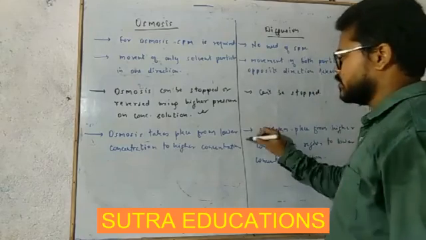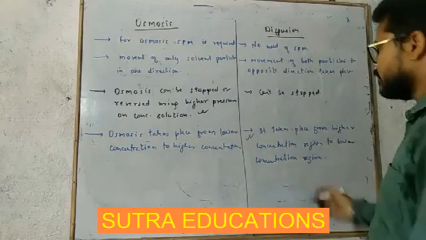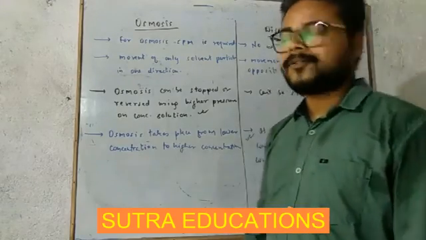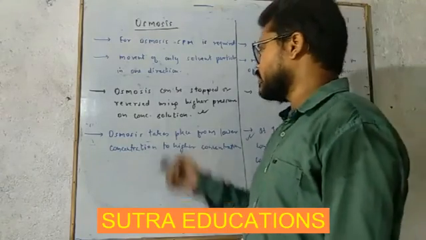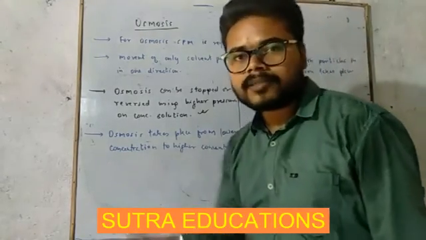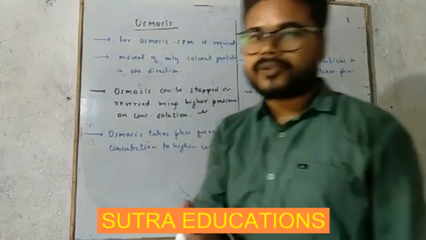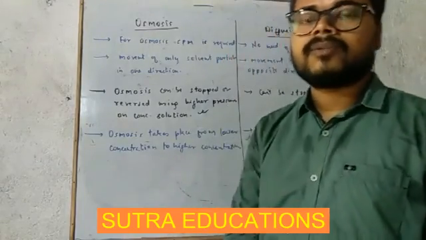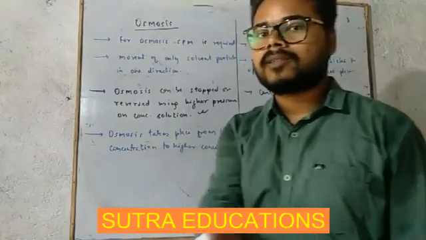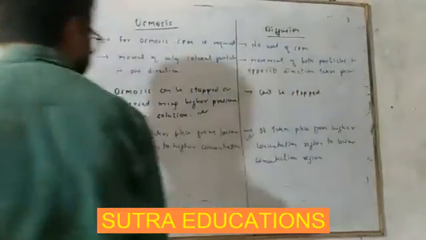This is very important. Diffusion takes place from higher to lower concentration, while osmosis takes place from lower concentration to higher concentration, as we have discussed, from solvent to solution, or from dilute solution to concentrated solution.